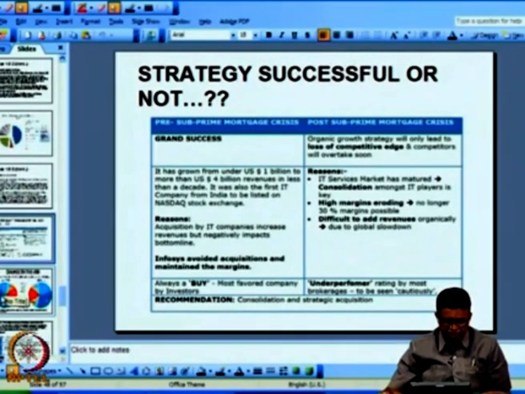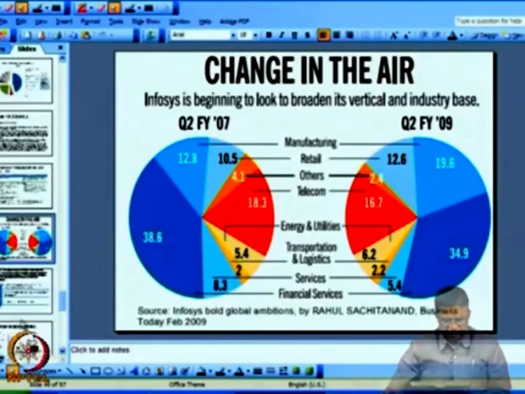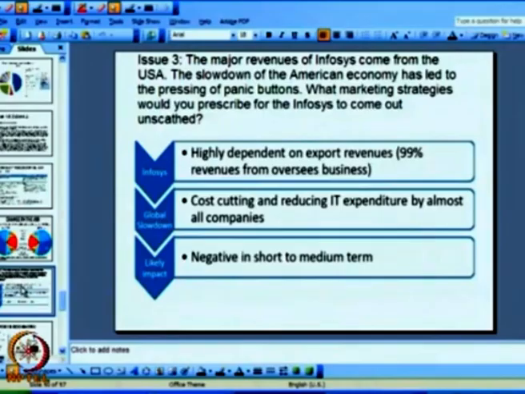Just consolidate yourself in the market before acquiring a company. This is reflecting the global ambitions of Infosys trying to acquire industries, both vertical and industry based, looking at broadening the business.